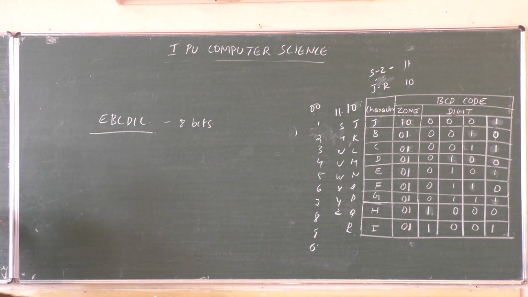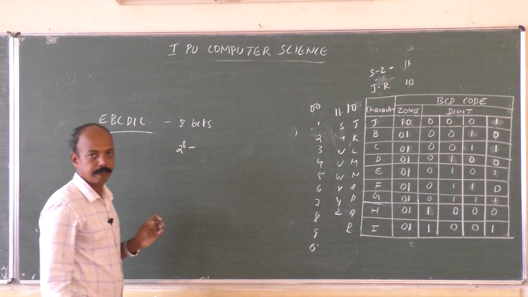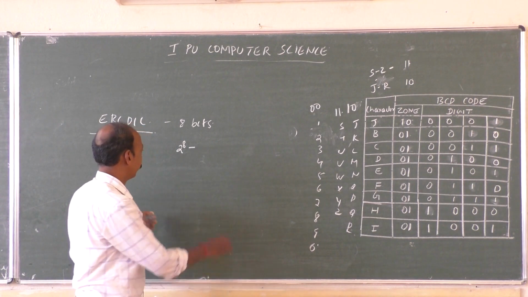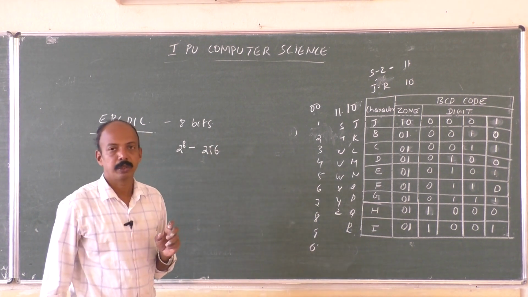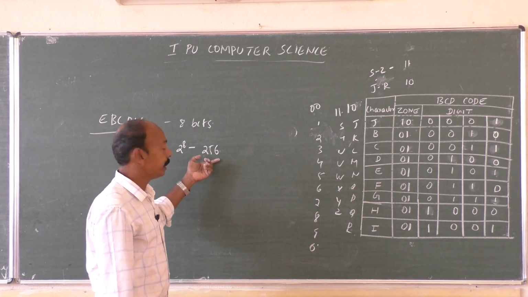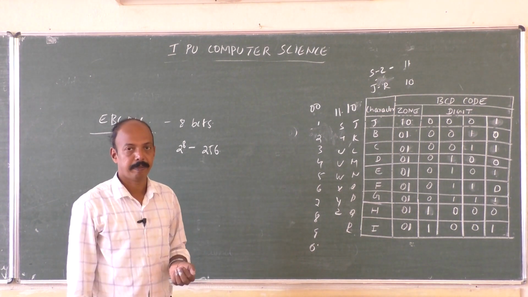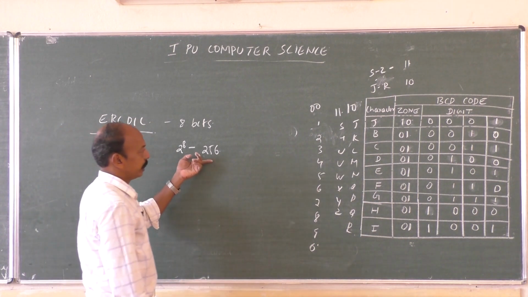When we have 8 bits, 2 to the power 8 combinations we can have. That is 256. So 256 symbols we can represent, isn't it? So what is the difference here?